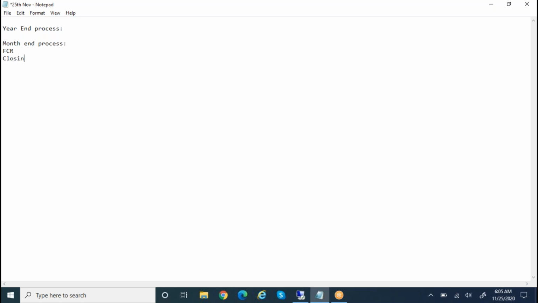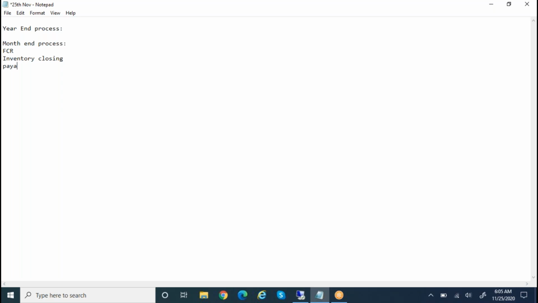You also need to run inventory closing. Of course, inventory closing I have not explained yet. It is a topic of T&L, but we will understand it together, finance and T&L. This is a pending topic for you.